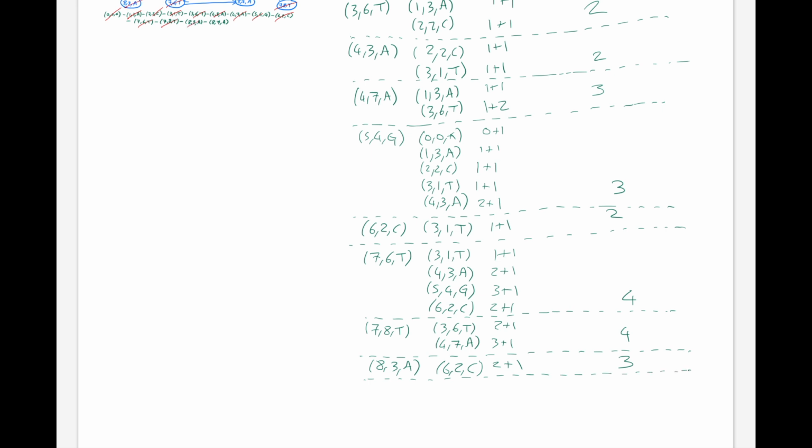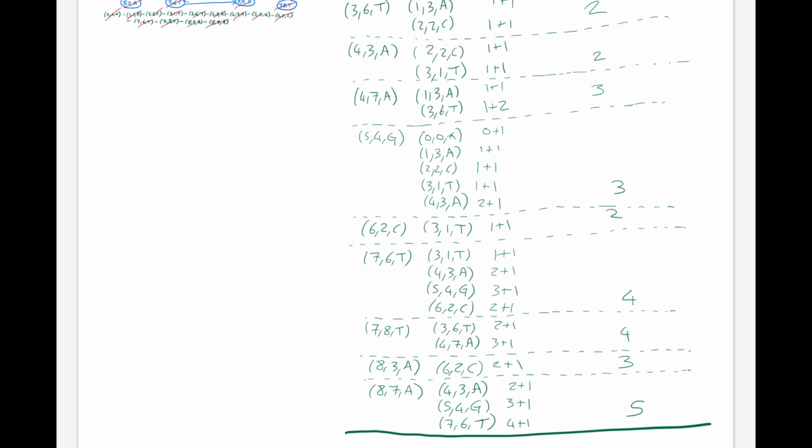And finally, 8,7A. Which completes the value iteration algorithm.